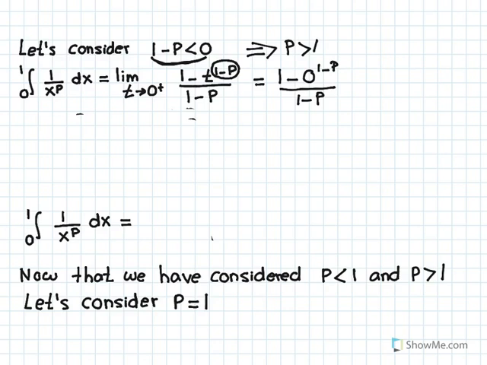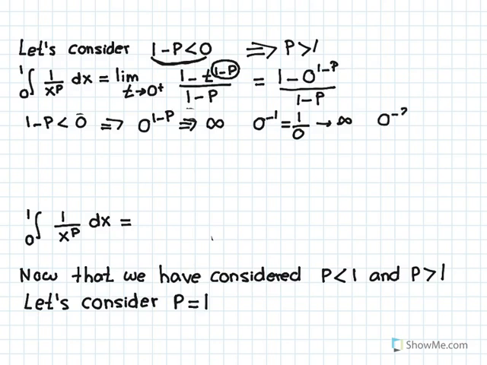So we know that if 1 minus p is negative, then 0 to the power of 1 minus p goes to infinity. Now you might say, how do you know that? Well, imagine we have 0 to the power of negative 1. That is 1 over 0, which goes to infinity. Or suppose you have 0 to the minus 2. That's 1 over 0 squared, which goes to infinity.